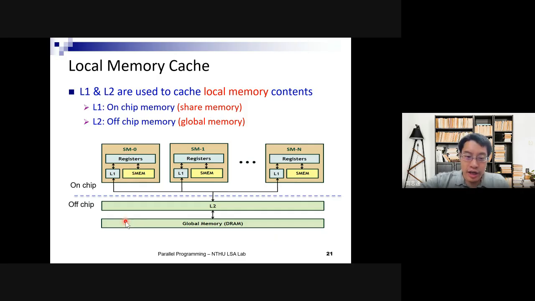L2 usually has a layer of cache on the off-chip memory as well. You might think the performance is the same as global memory, so why bother with this cache? But the benefit of the cache is that you can collect and reuse data, so you can find that data faster. Usually it can still accelerate your data access time. So they still have this off-chip cache for local variables and for constant memory.